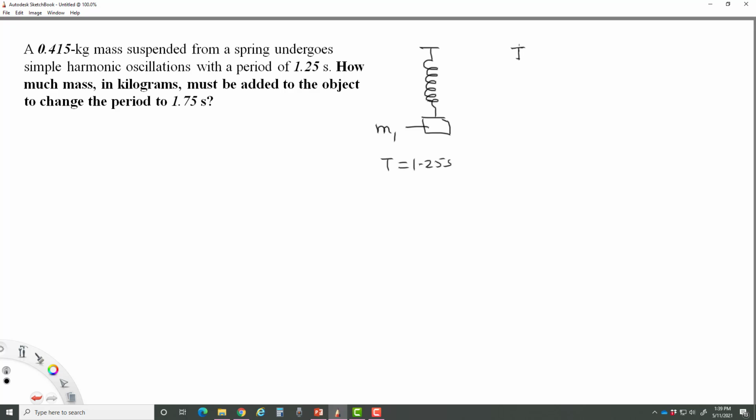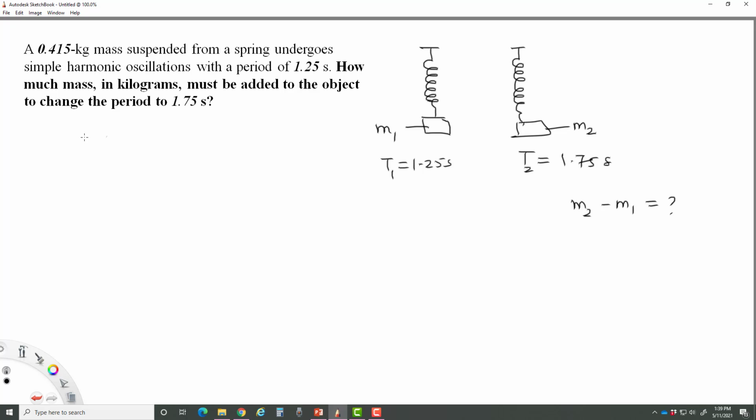Now you add some mass on it. This is now a little bit heavier, so that's called m2, where m2 is m1 plus some additional mass. For that, the time period is now 1.75 seconds. So we want to find the additional mass, which is m2 minus m1.